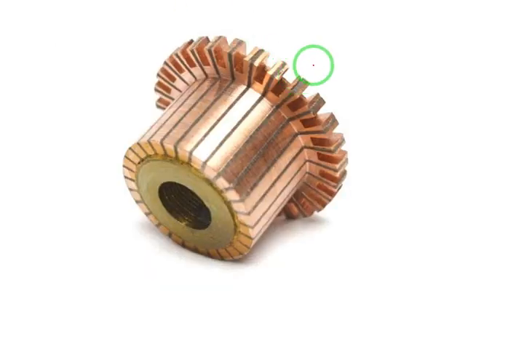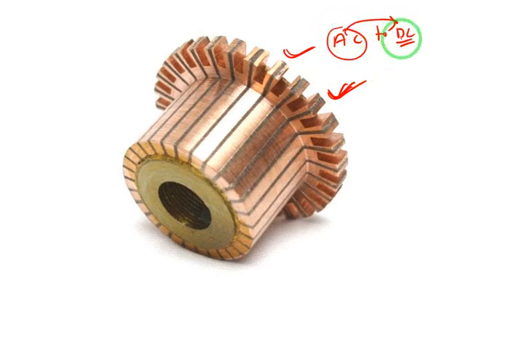Practically, you can see here how a commutator appears, and this converts AC to DC. The main function of this commutator is collection of current from the armature conductors. The induced current in armature conductors is AC, and that is converted into DC in a DC generator.